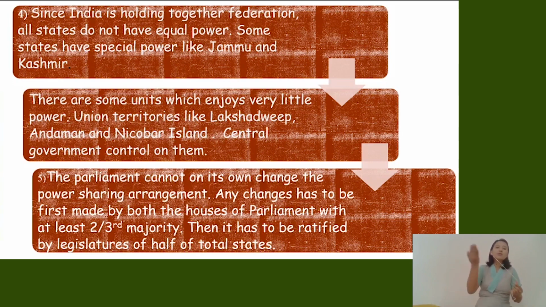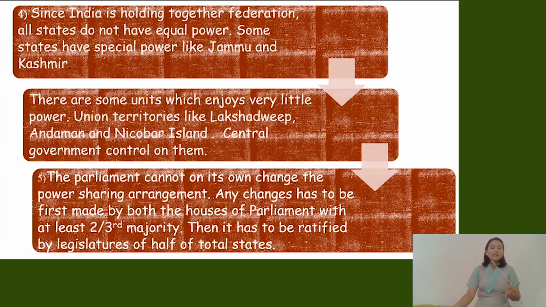Some states have more power, or special power, or some states do not have much power, right? One state which had more power is Jammu and Kashmir. Now Jammu and Kashmir does not exist as before. Before, Jammu and Kashmir had a special power unlike the other states in India.